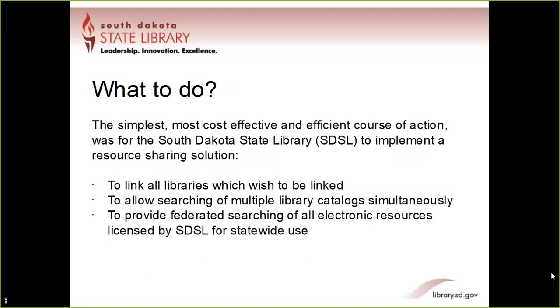So what's the state library to do? We were hoping that we might be able to find a solution and put something in place for at least a large chunk of our libraries to get back some of the functionality that we lost when the shared ILS went away.